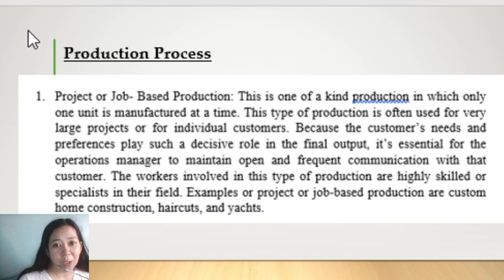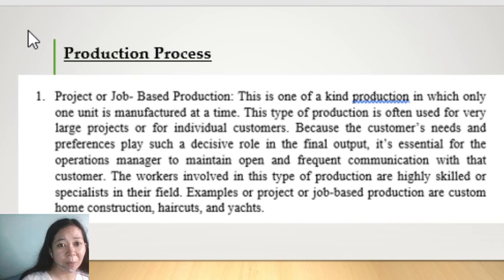This type of production is often used for very large projects or for individual customers. The output is unique. Because the customer's needs and preferences play such a decisive role in the final output, it is essential for the operations manager to maintain open and frequent communication with the customer because they want to know the specifications that will be included in the output.